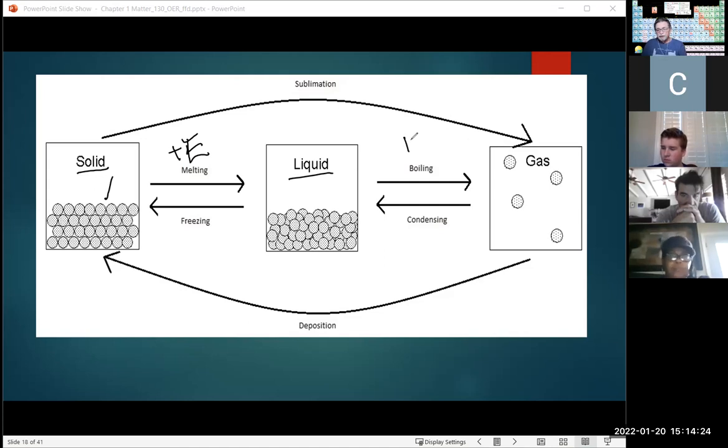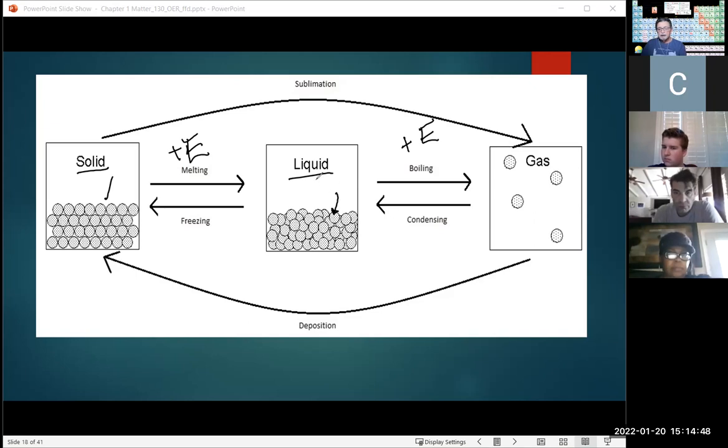We continue to put energy into the system, okay? And now we're breaking that interaction between the molecules with respect to other molecules. These, what we call intermolecular forces, we're breaking them apart, resulting in these molecules being separated from each other and sending everything into the gas phase, okay?